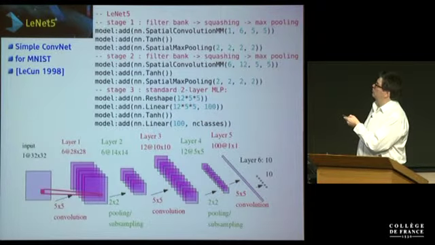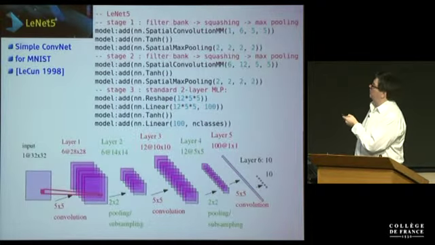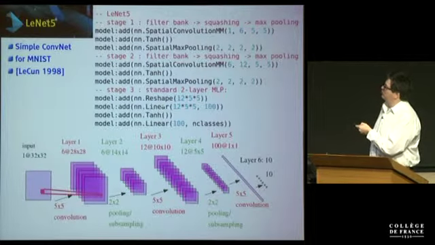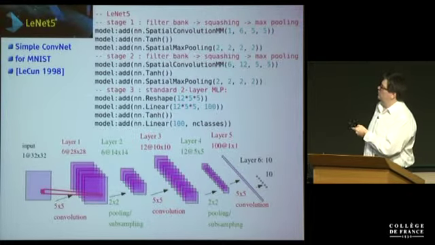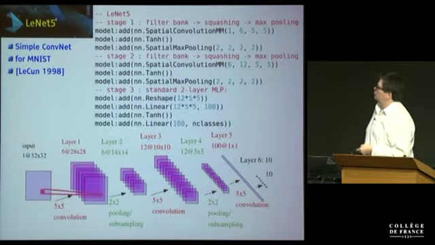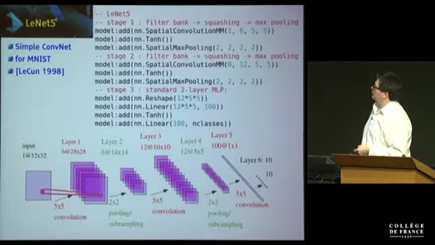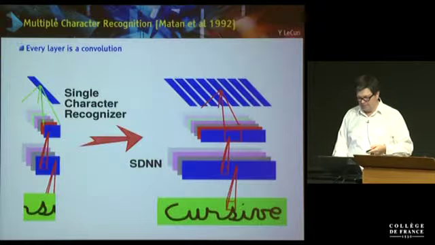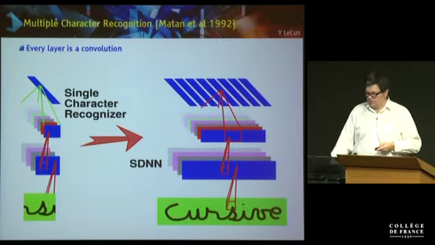You create a sequential module and you add a spatial convolution module, hyperbolic tangent, max pooling, and then we have fully connected layers to create this little architecture that we experimented with in the 90s for character recognition.